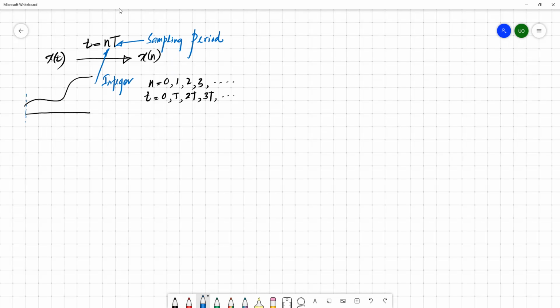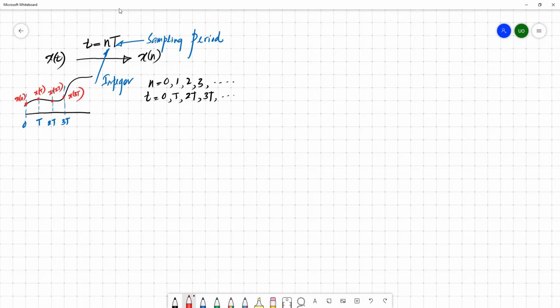This is 0, this is T, this is 2T, this is 3T, and these are the samples we are referring to. We select a reasonable number of samples which represent the continuous signal. So this is x(0), x(T), x(2T), x(3T).